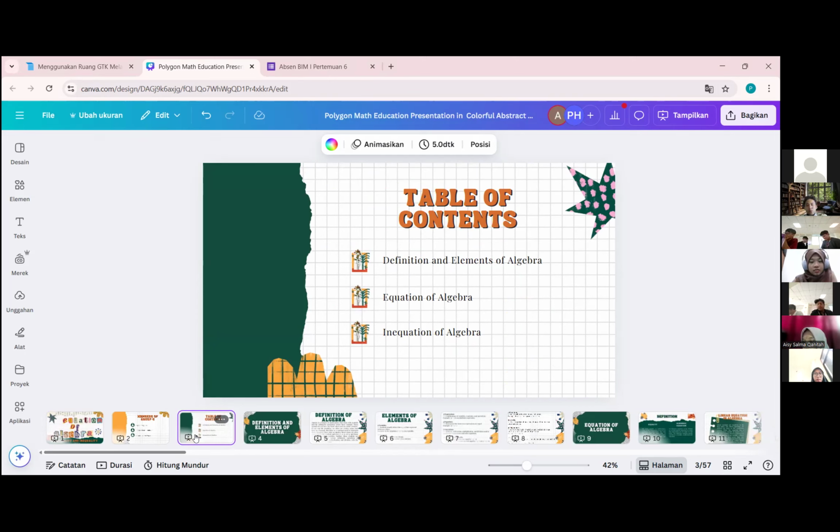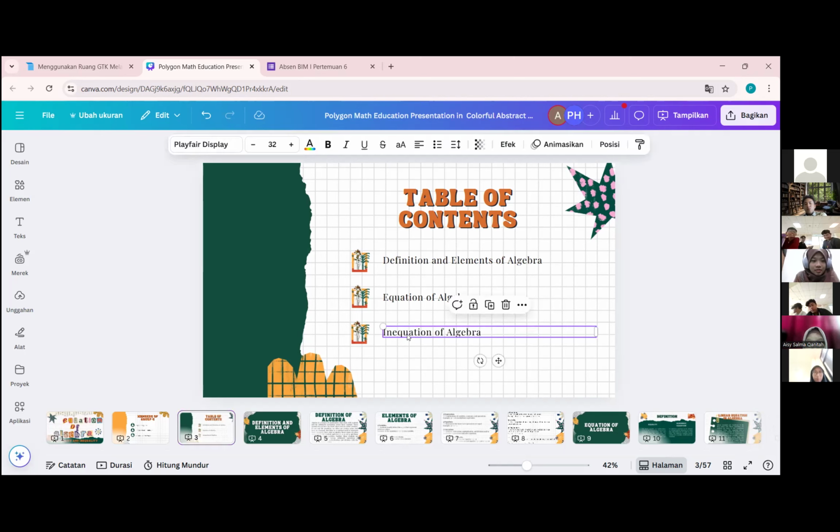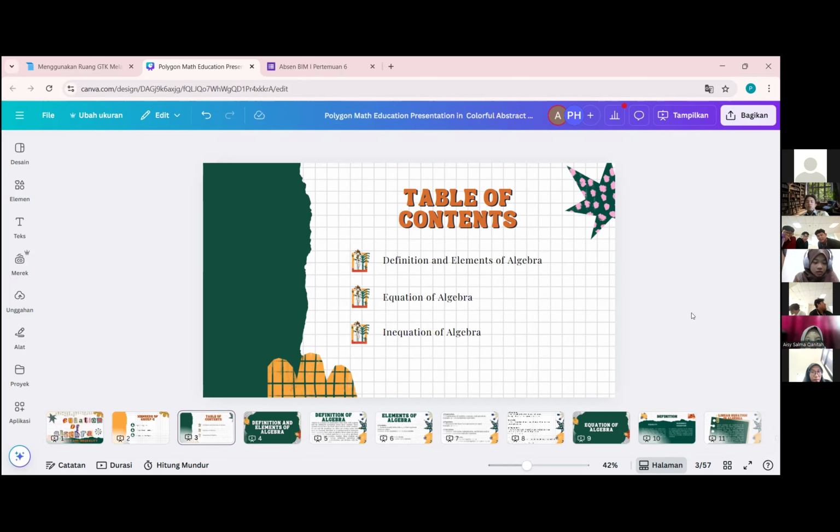Equation itu persamaan. Pertidaksamaan seharusnya inequality. Oke, diganti ya. Kemudian persamaan bukan equality, tapi equation. Nanti ada lagi kesamaan itu similarity.